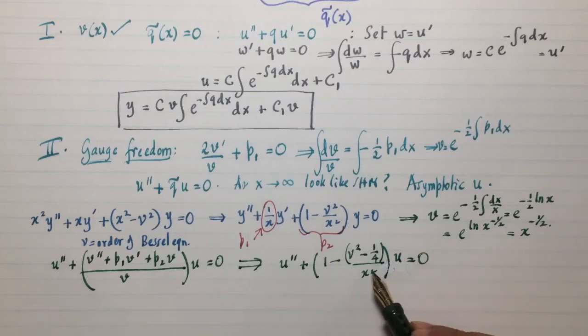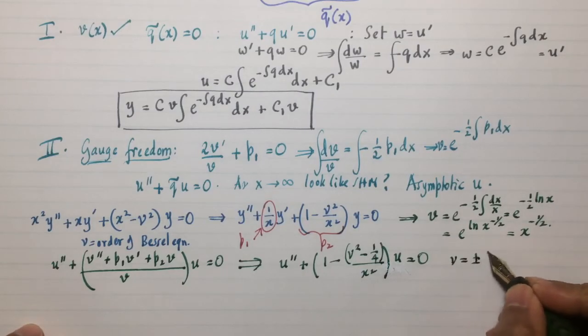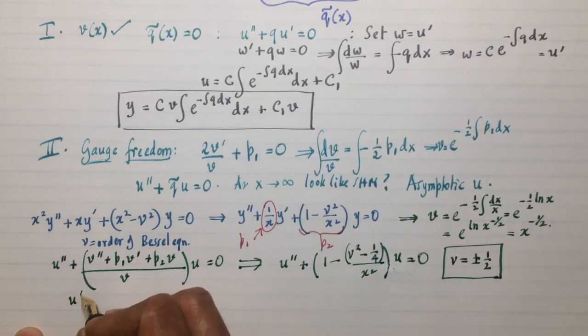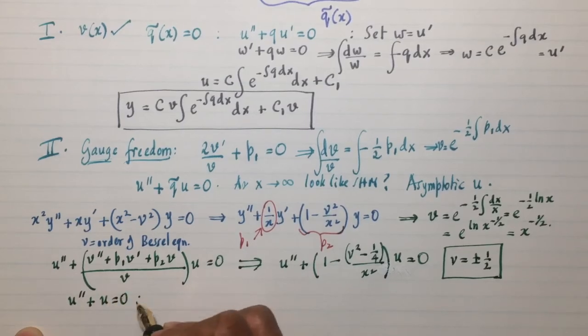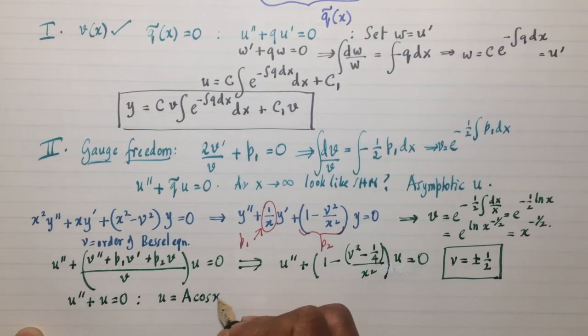You find this incredible finding that if nu were equal to plus or minus half, then you get the simple harmonic equation, u double prime plus u equals 0. And the solution to that is very elementary. It's u equals a linear combination of cosine of x and sine of x.